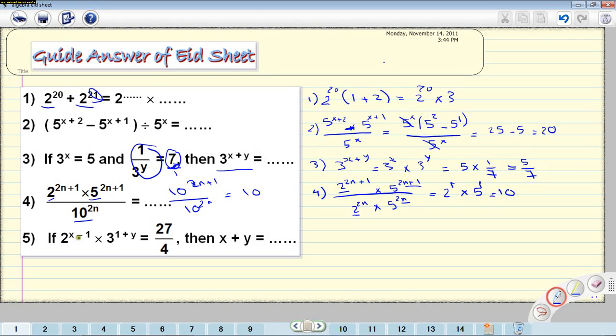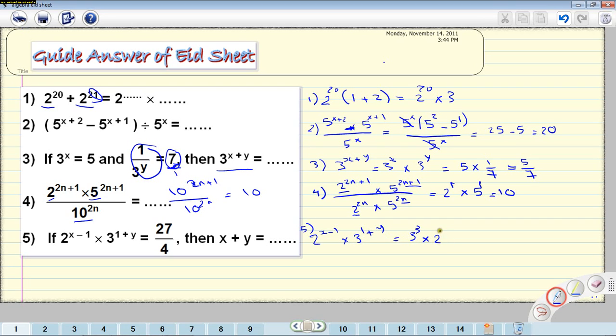Okay, here, 2 to the power x minus 1 times 3 to the power 1 plus y equals 27 over 4, and I want to get x plus y. In this question, I'm going to factorize 27 and factorize 4. So, question number 5. First, 2 to the power x minus 1 multiplied by 3 to the power 1 plus y equals 27, which is 3 to the power of 3, multiplied by 4 in the denominator.